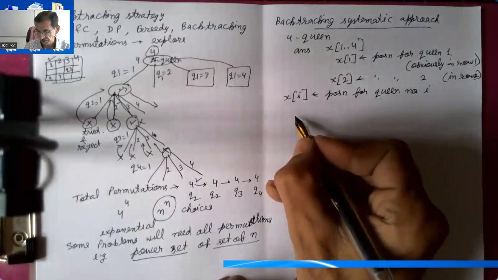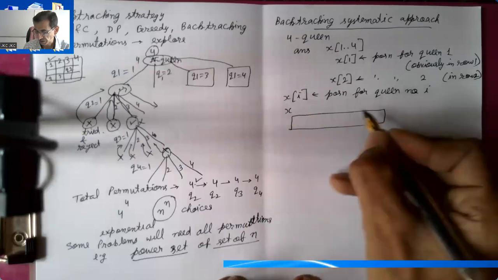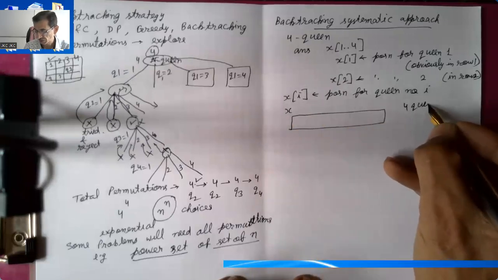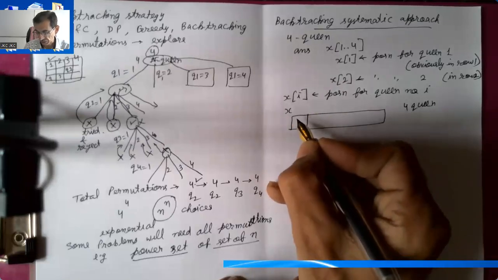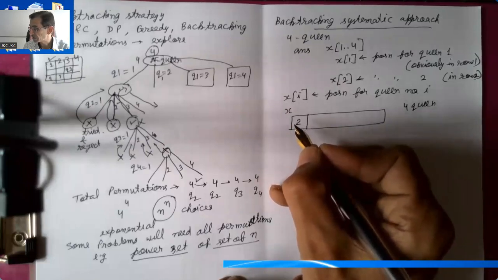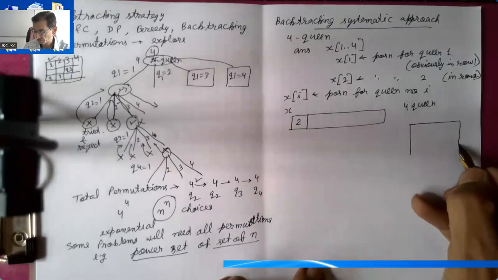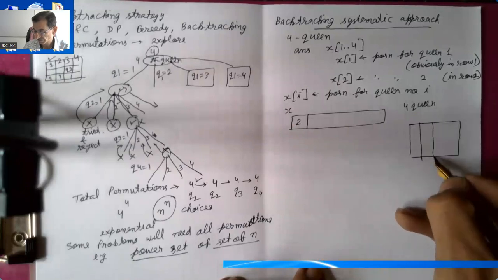For example, for my X array corresponding to a 4 queen solution, one answer can be like what we found on the last page, where I found my answer to be correct on this particular chessboard.